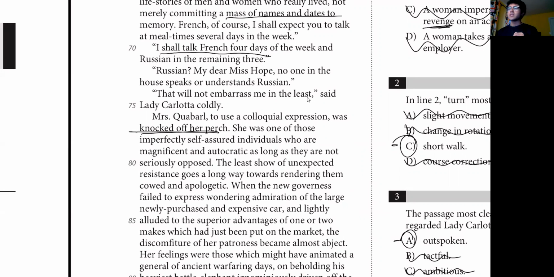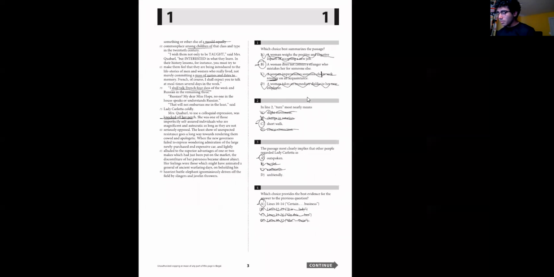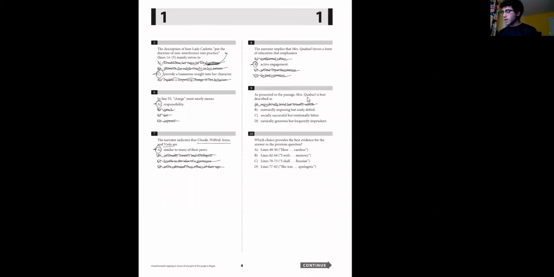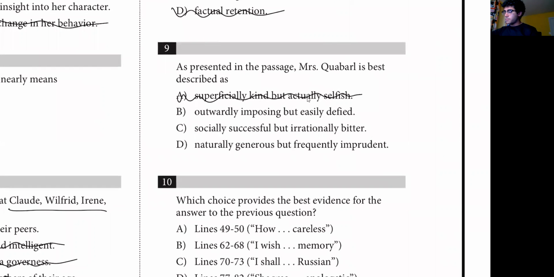But as soon as someone says something that is exposing, or as soon as someone challenges them, they become seriously opposed. That's basically what she is. That's her attitude. So she is easily defied and opposed, basically synonymous.